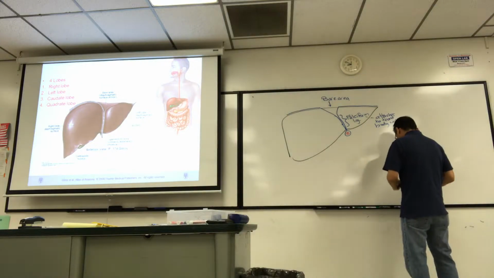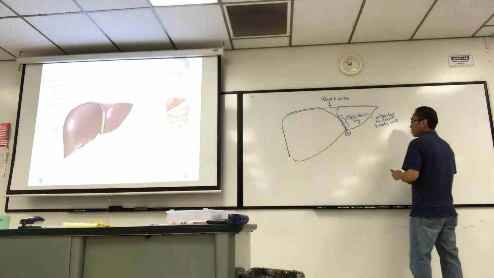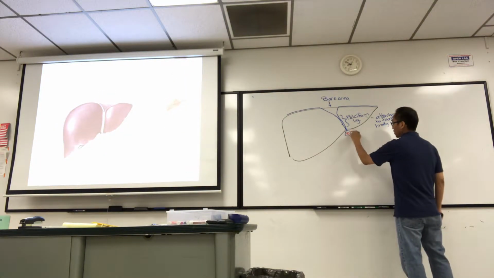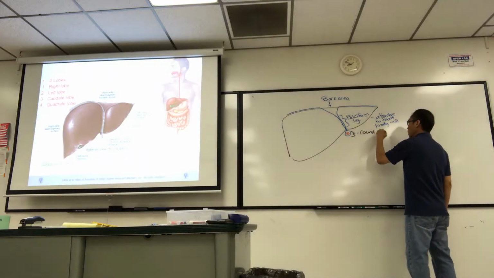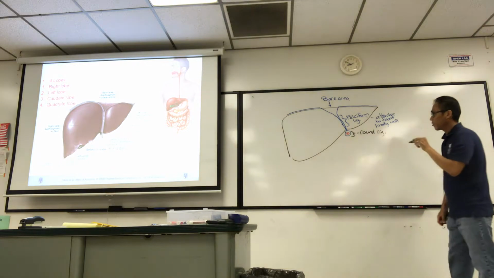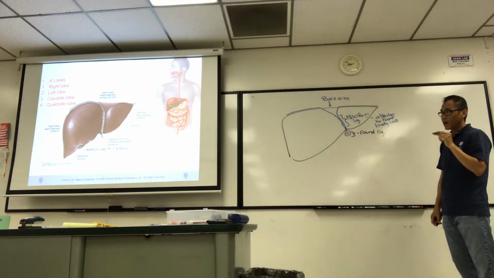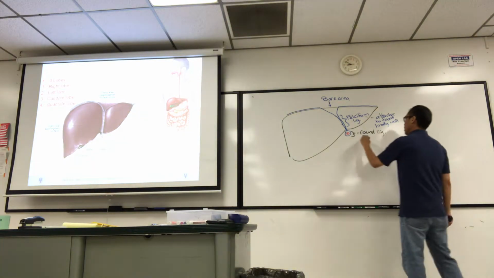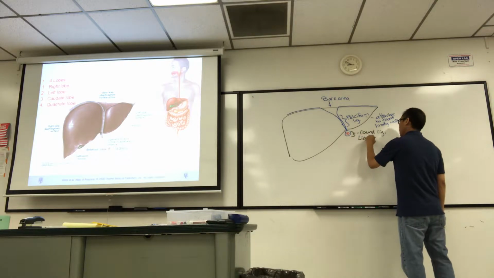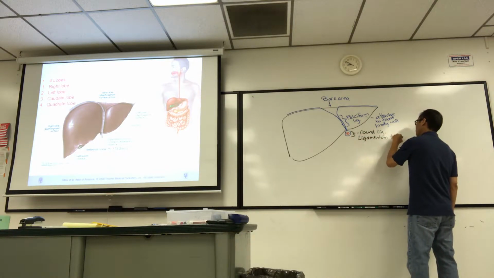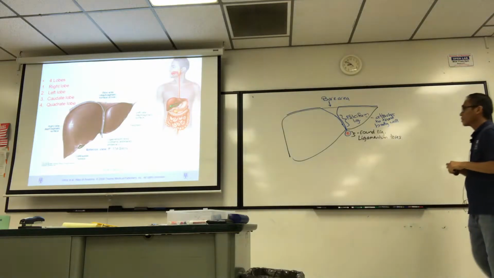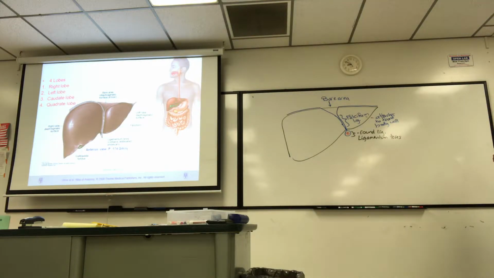So that whole thing is the round ligament containing umbilical vein. Now it's also called ligamentum teres because teres means round. Yeah, so those are two ligaments you got to know.